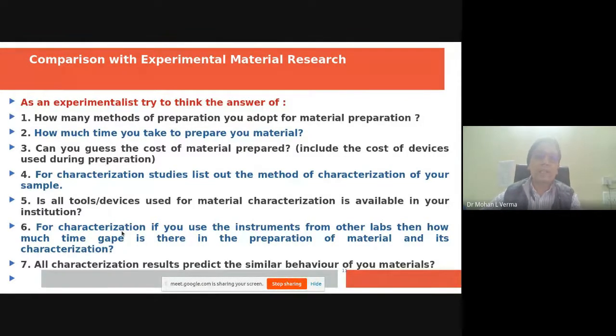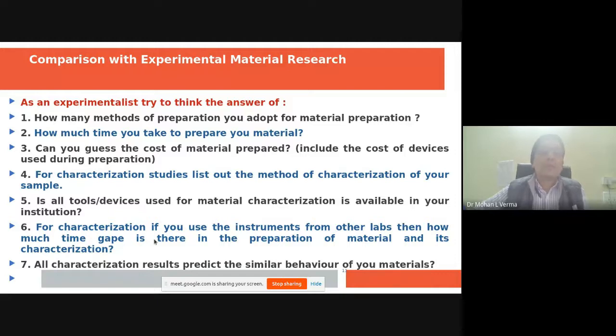If you prepare a material and the characterization is not done at the same time, then there may be some change in the result shown by the characterization tool. So the gap between preparation of materials and characterization studies is very important. All characterization results should predict similar behavior of your materials. If you are using 4 to 5 characterization methods and all results are supporting each other, then it is a good one.